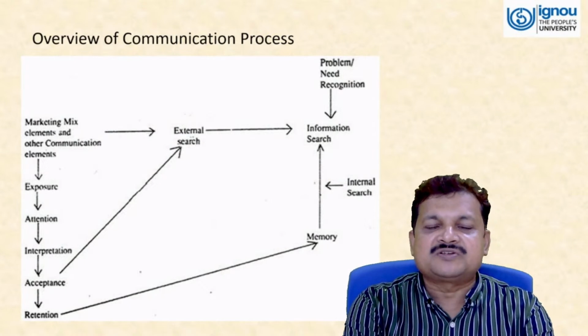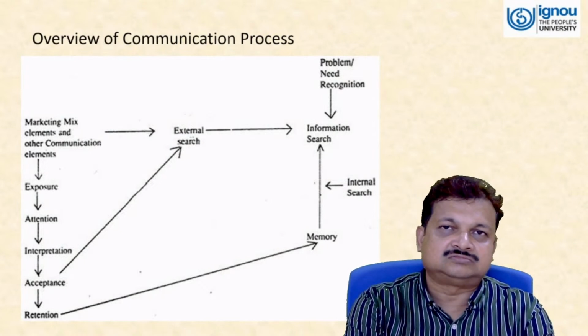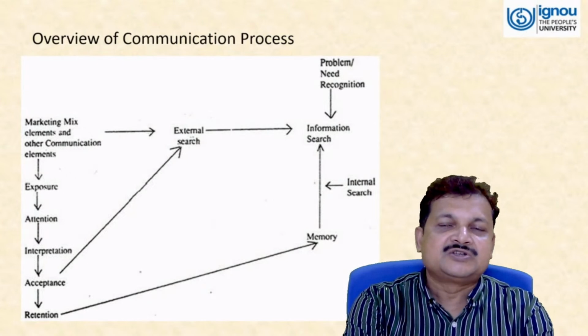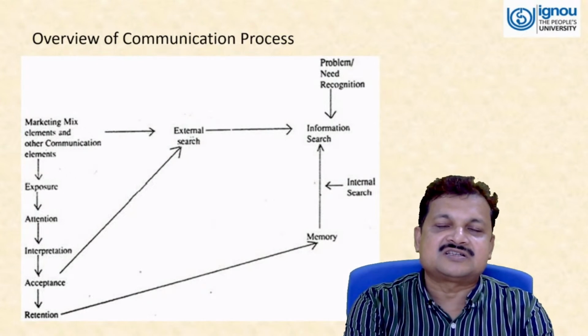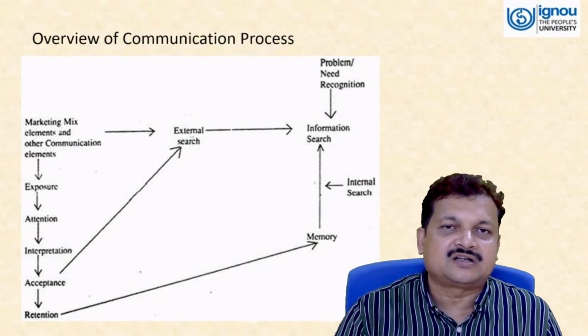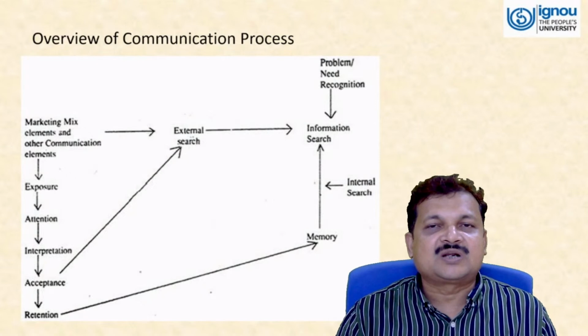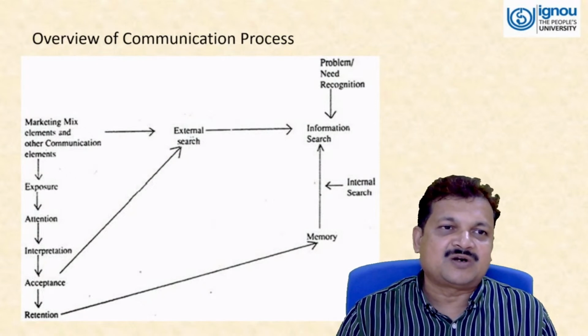If the memory information is not sufficient, then it is essential to go through an external search. We may go through the internet, or search for the product by going directly to retail outlets, or be exposed to different kinds of advertisements.